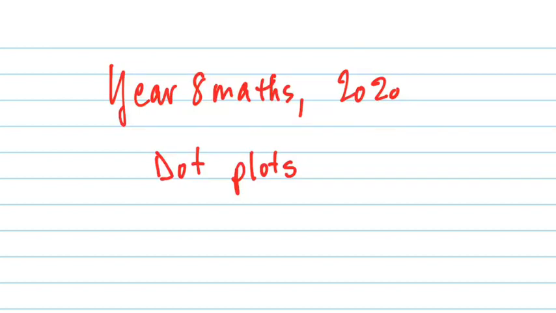Okay, so today what we're going to do is focus on using dot plots to organize information and then be able to pull those measures of central tendency and measures of spread from the dot plots. Okay, so let's take a look at something.